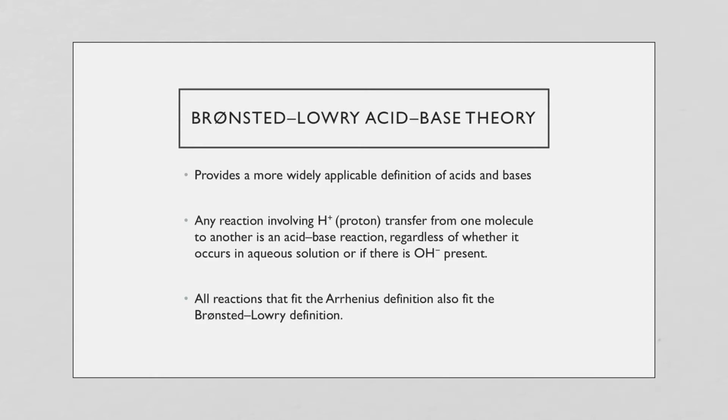Now, it should be understood that all acids and bases under the Arrhenius system are also Bronsted acids and bases, but the Bronsted theory is more inclusive and it pulls these other bases into the family because they do function as bases, right? If you put them in water, they produce hydroxide.